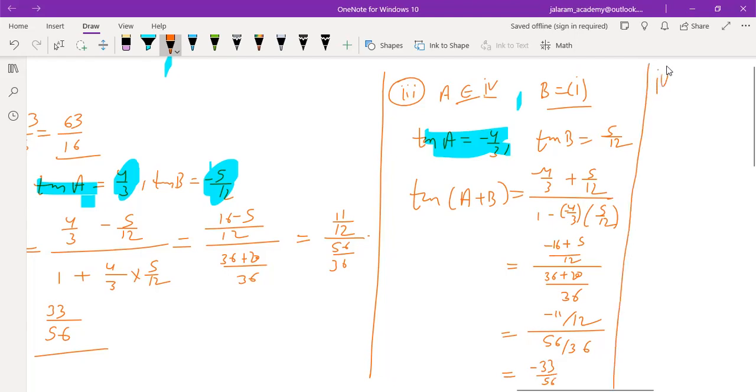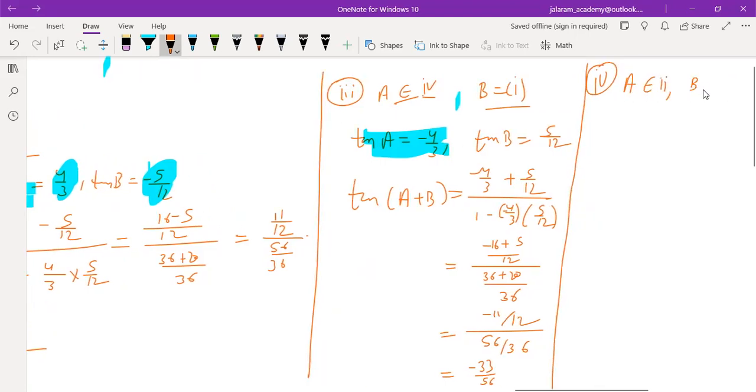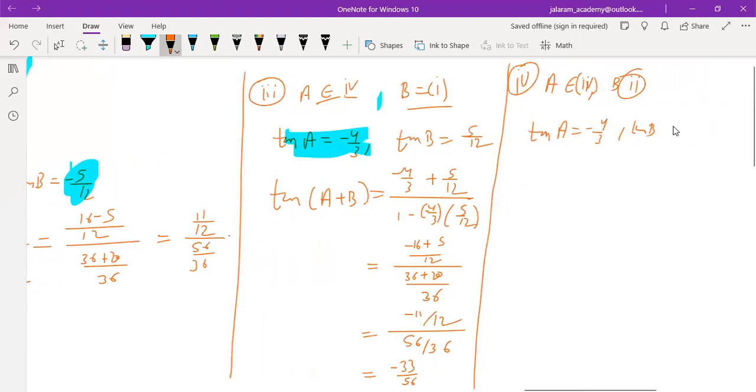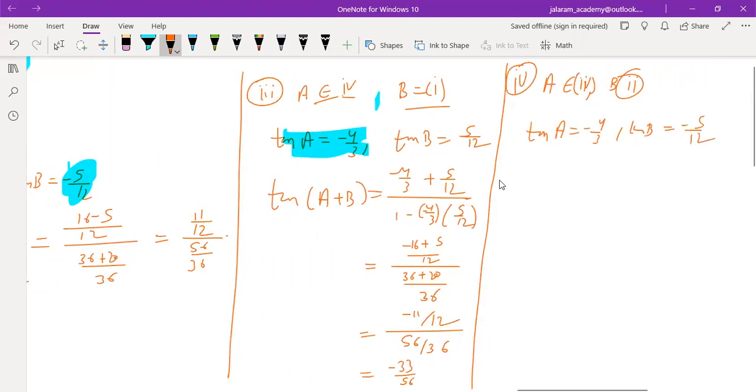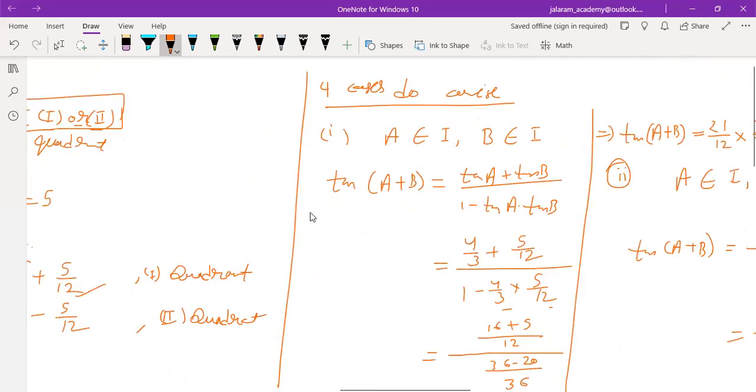And the fourth part, A is in the fourth quadrant and B is in the second quadrant. So both will be negative. Tan A equals minus 4 by 3, tan B equals minus 5 by 12. Clearly, it is just opposite to case 1.